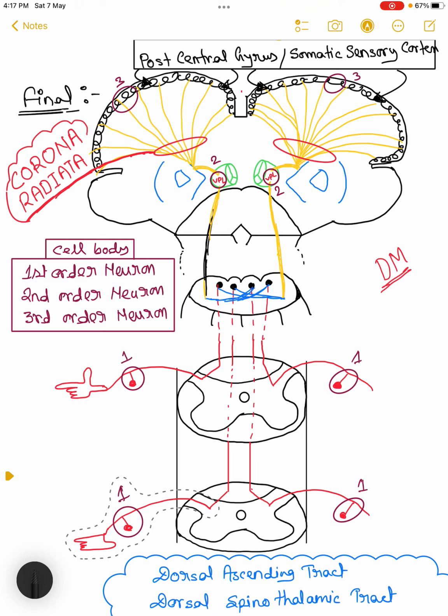When you see here, we already discussed there was a dorsal ganglion, right? Dorsal root ganglion. So again, if there is ganglion, there is cell bodies. So this fiber, if it is starting from here, all this fiber up to their corresponding nucleus in the medulla, this whole fiber is known as what? The first order neuron.